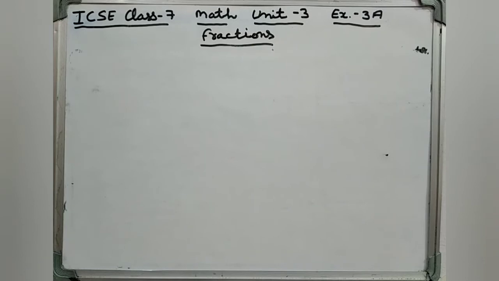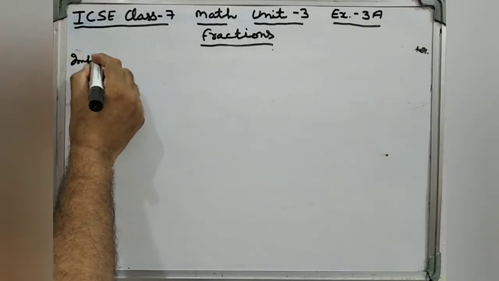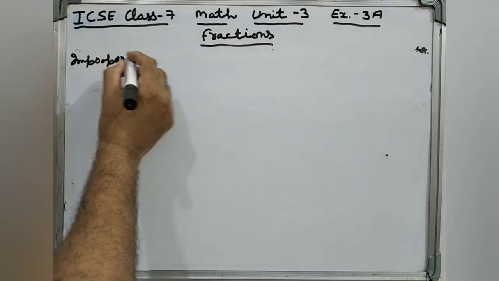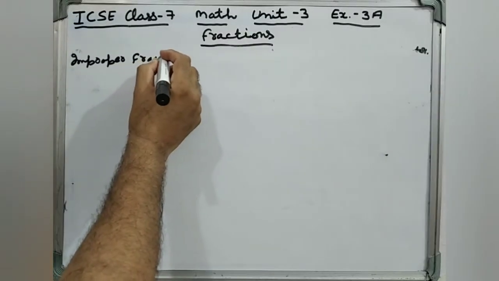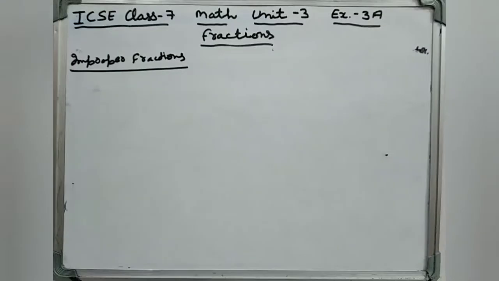They are improper fractions. Improper fractions: here the numerator is greater than or equal to its denominator.